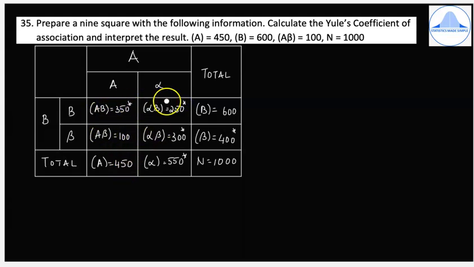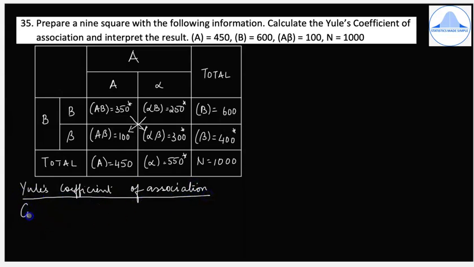Once you have filled in all the 9 squares, draw a diagonal from AB to alpha beta and another diagonal from alpha B to A beta. Next we have to calculate Yule's coefficient of association. Let us write the formula. An easy way to remember the formula is with the help of the above table and the cross diagonals.